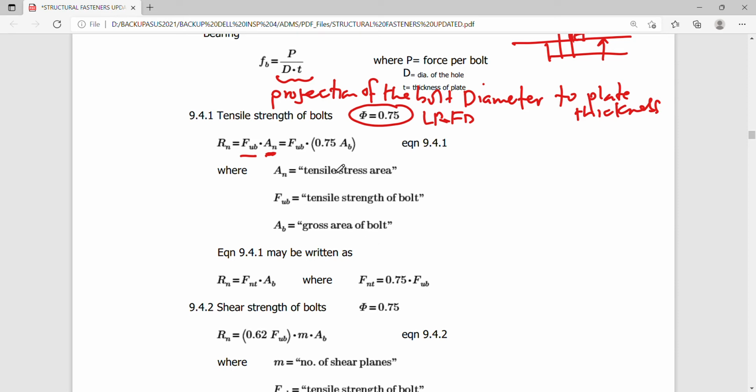So the 0.75 here can actually be placed on the FUB as a coefficient, and therefore using a nominal tensile strength, or rather a net tensile strength, equivalent to 0.75 of FUB.